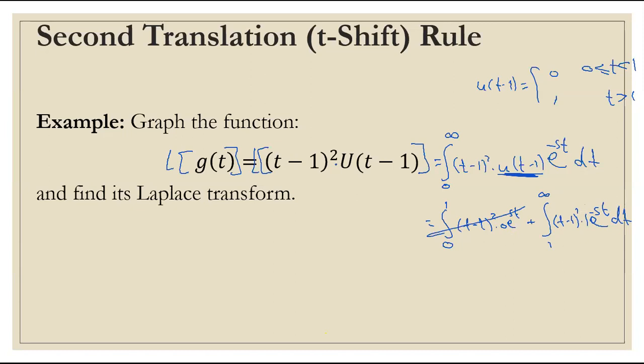This one cancels out. How to find this integral? How to integrate this function now? It's a polynomial times exponential. Do you remember? We will expand the polynomial and then apply e to the negative st with each term, and we will integrate. Yes. How to integrate those three terms?